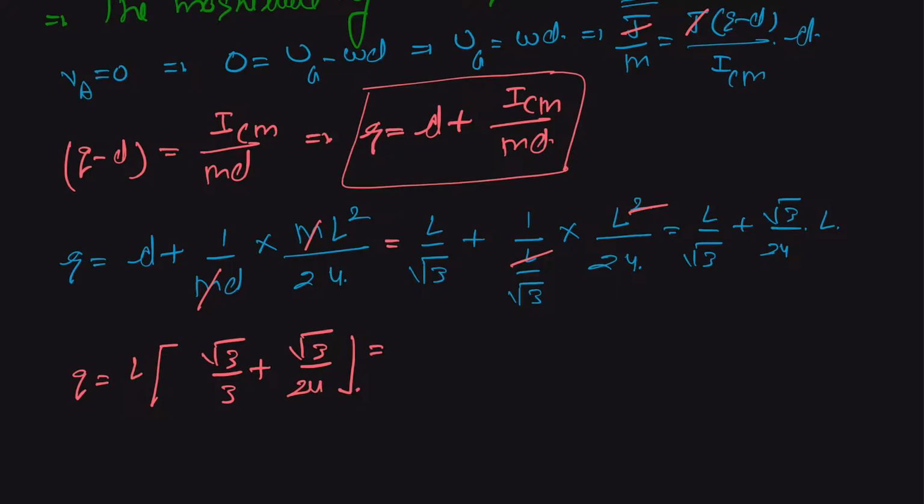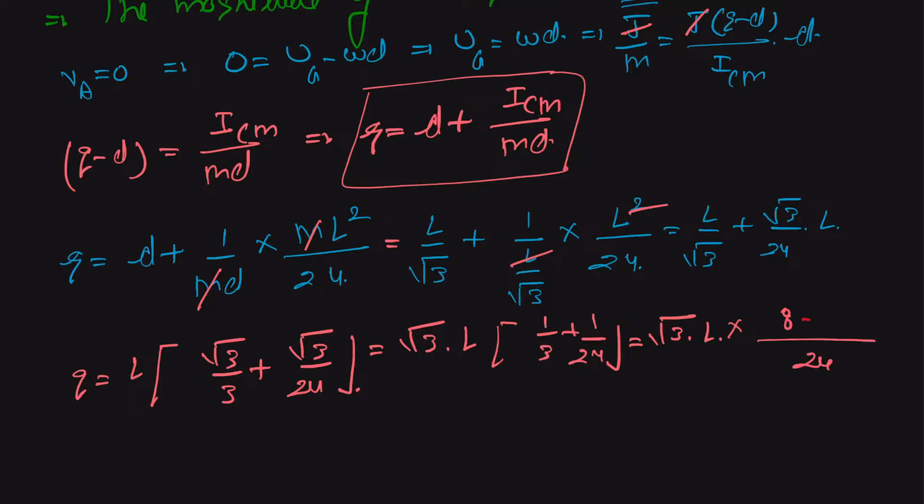So we get square root of 3 times L, and this will be 1 by 3 plus 1 upon 24. With the LCM being 24, this comes as 8 plus 1, which comes as 9.